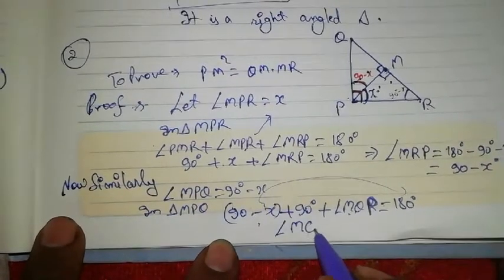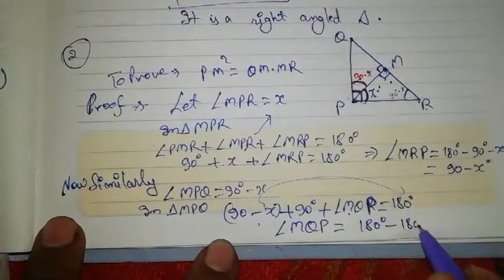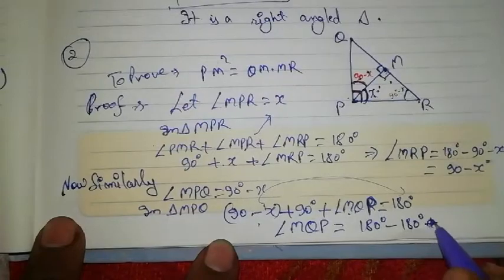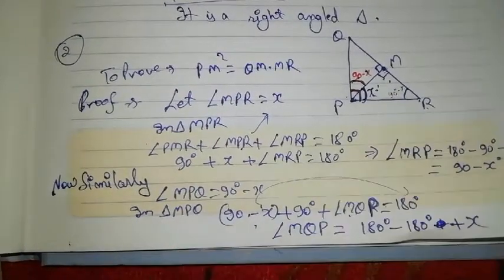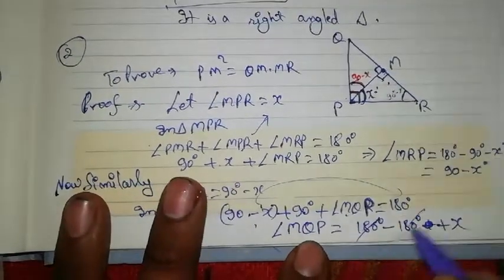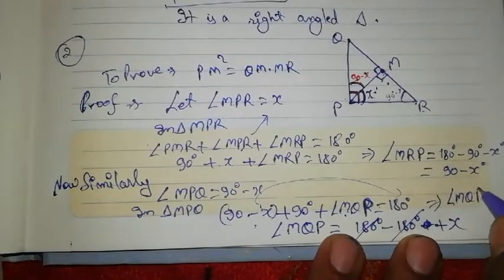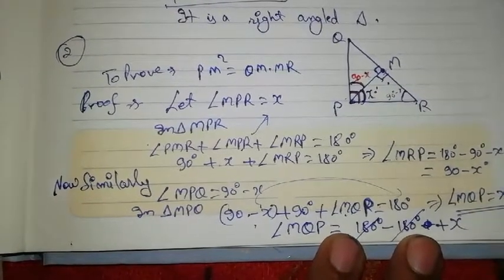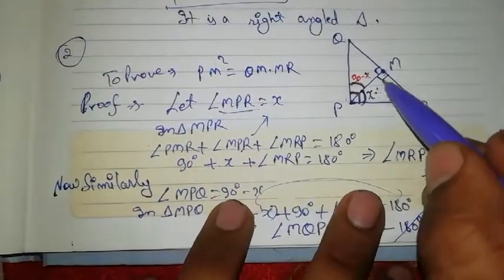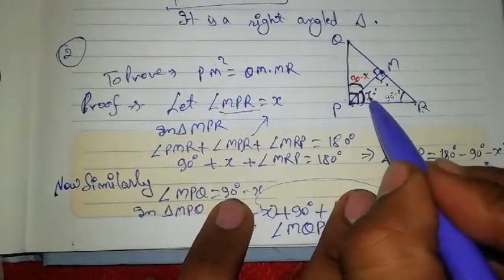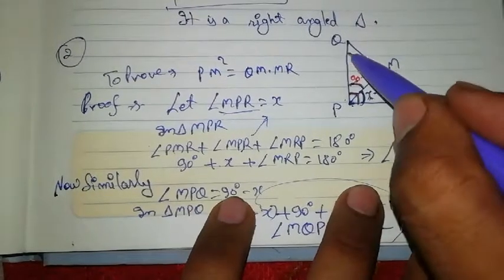So the value of angle MQP is 180 degrees minus 180 degrees plus X. This minus X will go there and become plus X. So 180 and 180 get cancelled out, and the value of angle MQP is equal to X. Now look at this triangle, angle MPR is X, and angle MQP we have found is also X.